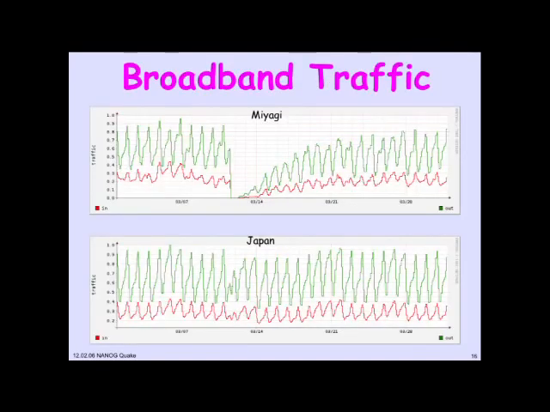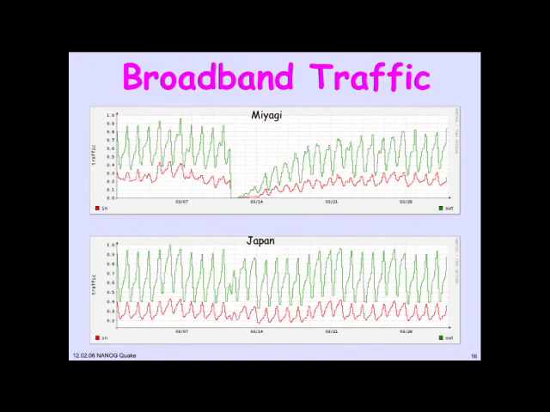Traffic we can look at, and I'm a routing guy, not a traffic guy, so I'll go through this even more quickly. Up in Miyagi Prefecture, we see the death of Sendai, with slow recovery over multiple days. As part of how much this represents of total Japanese traffic, not really that much.